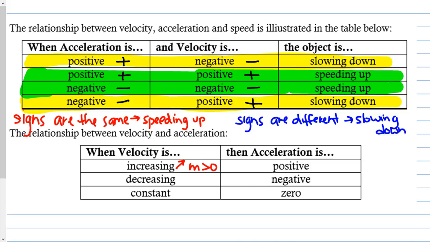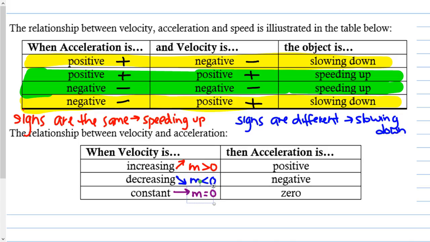Now, if the velocity is decreasing, so if I look at my graph and the slope is less than 0, because numbers less than 0 are negative, then the acceleration is negative. And if the velocity is constant, I actually have a horizontal line, at which point my slope is 0. And the slope of that is what acceleration is.